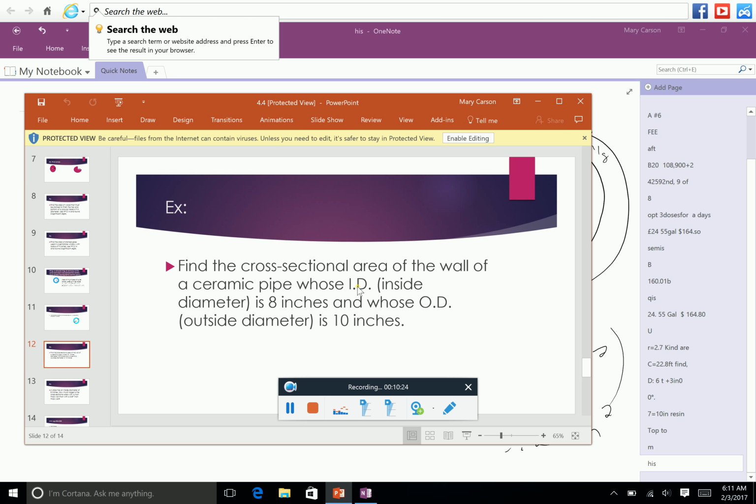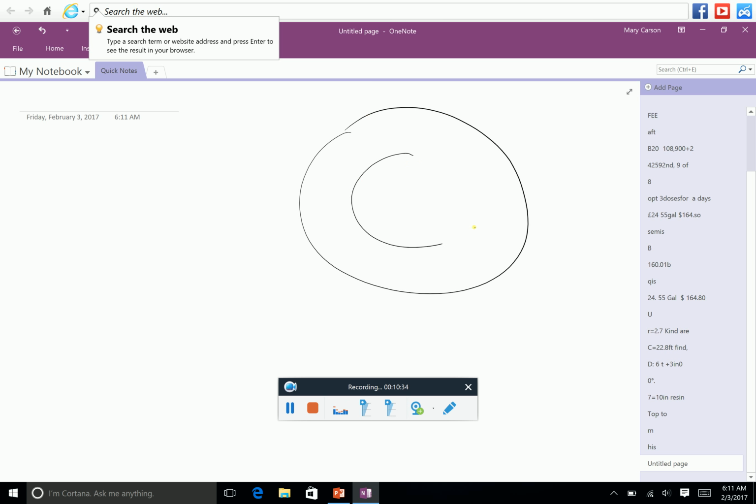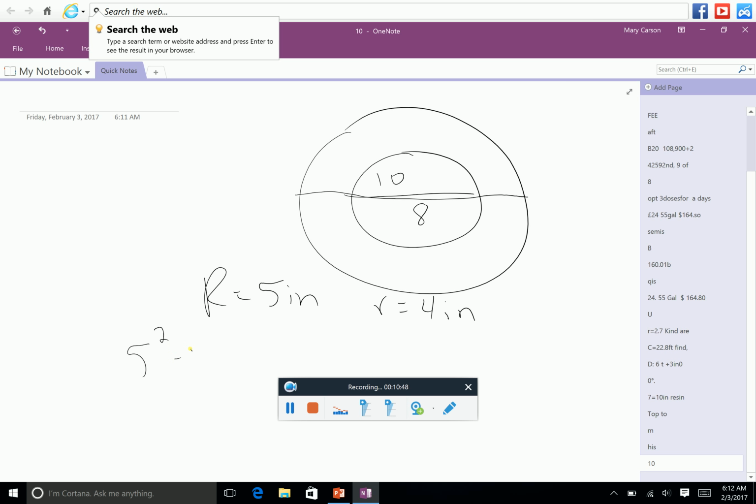Find the cross-sectional area of the wall of a ceramic pipe whose inside diameter is 8 and whose outside diameter is 10. So inside diameter is 8, outside diameter is 10. So if we want big R, what would be the big R? It would be 5, and little r would be 4. So you do 5 squared minus 4 squared times pi.